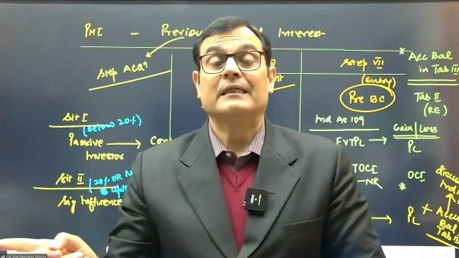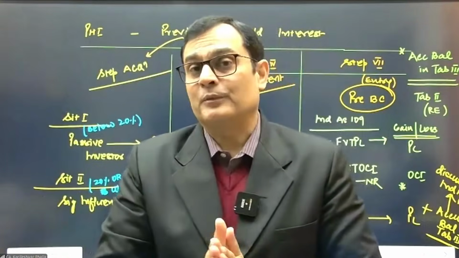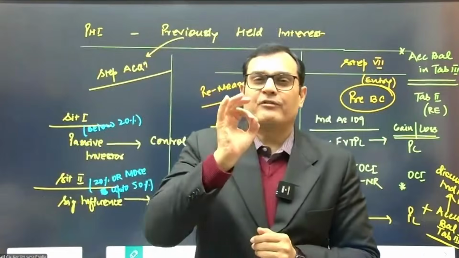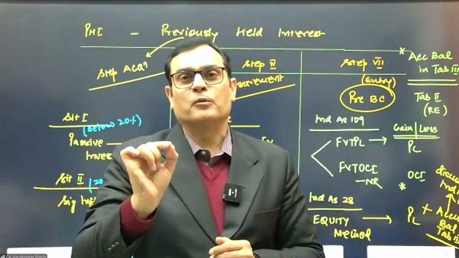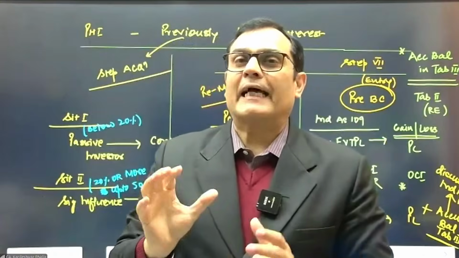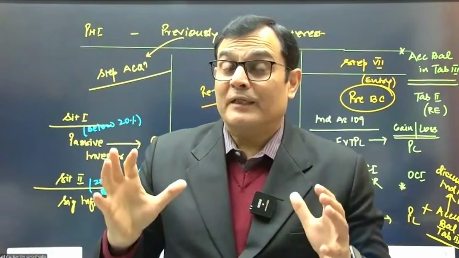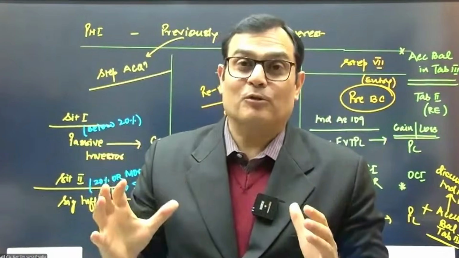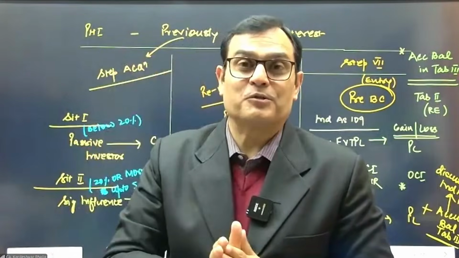So the one which you said, conversion from 109 to 28, gets covered in 28. In fact, this area of step acquisitions and disposals can be considered a separate chapter altogether, where you would need to get into all the different permutation combinations which can come.